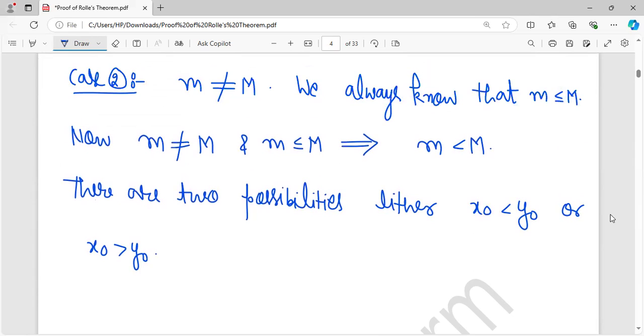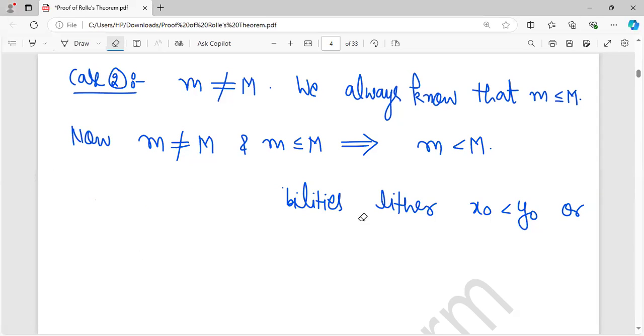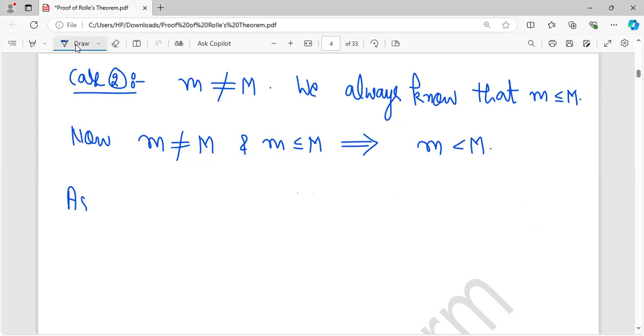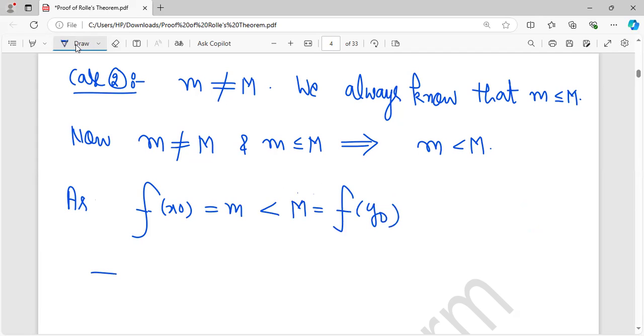small m will be equal to, so you write like that, as f(x naught) is small m, that is strictly less than capital M, and capital M is nothing but f(y naught). So this implies x naught is not equal to y naught.